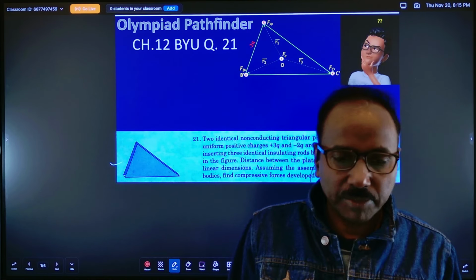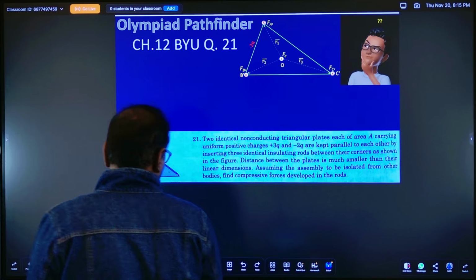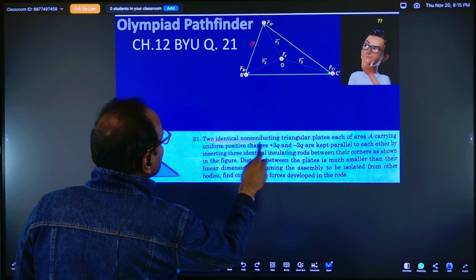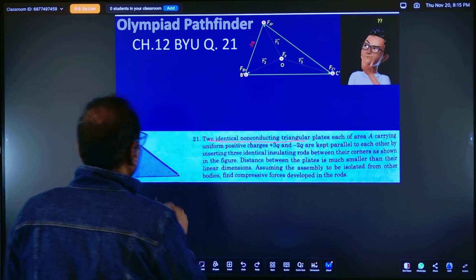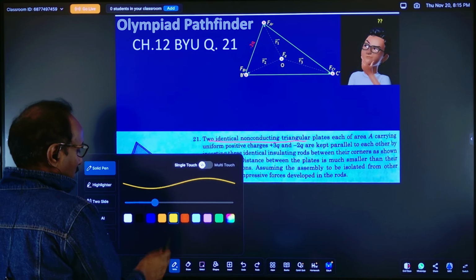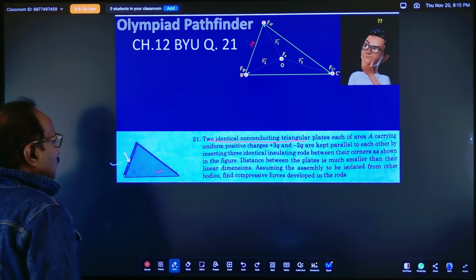So let us break down this question first. Two identical non-conducting triangular plates. One is this and the other one is this one, with the sides.